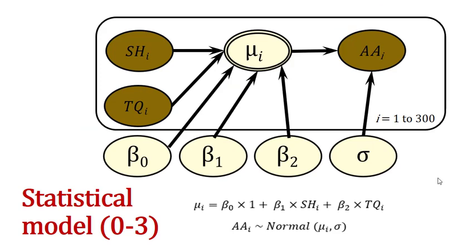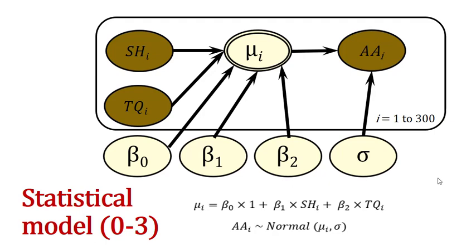So first we need a statistical model. Remember, we've got the causal model as a model of the relationship between variables in the world. We need to transform that into a statistical model which uses some of the variables that are present in the causal model, but other variables or parameters are just mathematical tools which sometimes have a meaningful psychological interpretation and sometimes they don't.